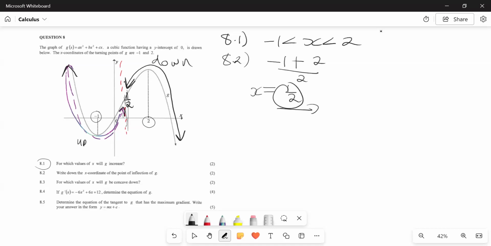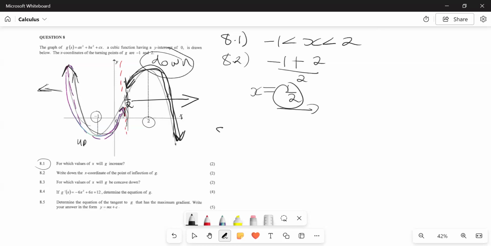From that 1/2 to your right-hand side, we can see that our function is facing down, meaning we have the sad face, which is concave down, as I've explained. Again, from 1/2 to your left-hand side, we have our smiling face, which is concave up.